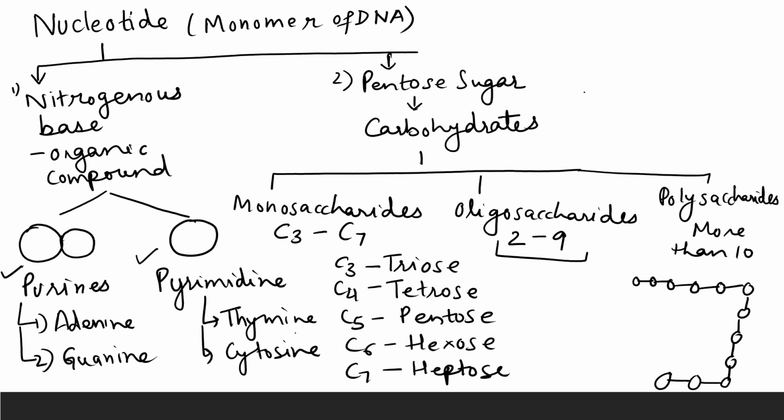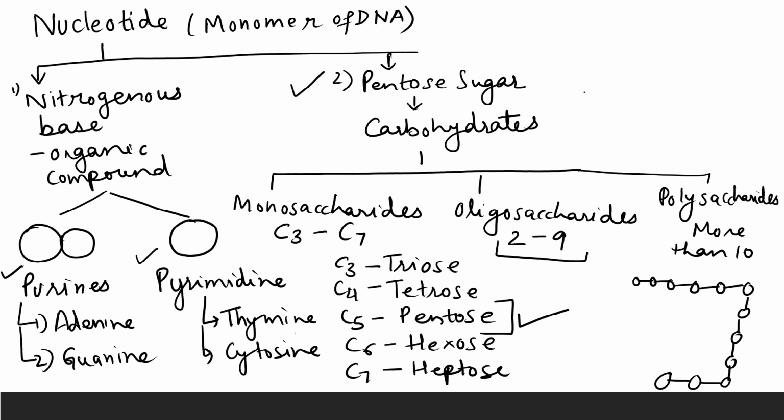Now, what we are trying to find out is pentose sugar. So now we can see it is a pentose sugar. Why have I told you regarding all these sugars? Because we need to understand where this pentose sugar is coming from, right?